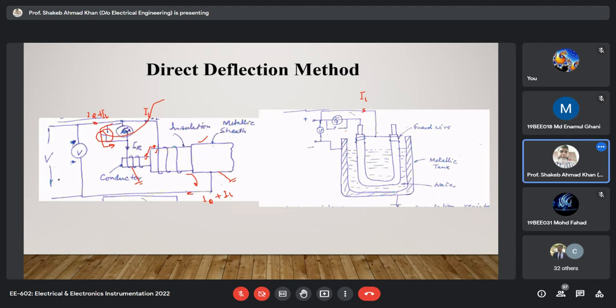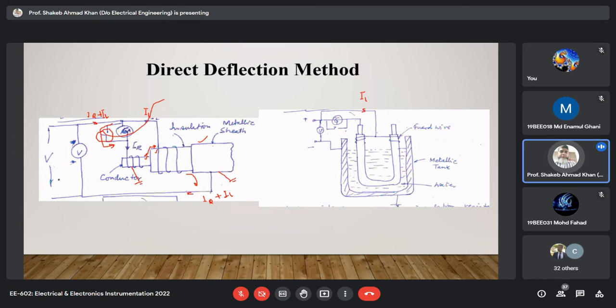They are not permanently present all the time. Initially they flow, and after some time they subside, but the leakage current continues to flow throughout the time when your circuit is energized. So for that we are using the guard circuit. So this is how the guard circuit is used, and other factors are taken care of in the direct deflection method.